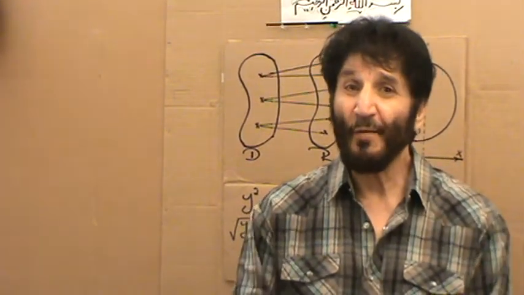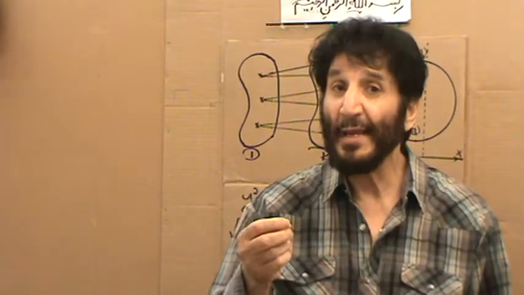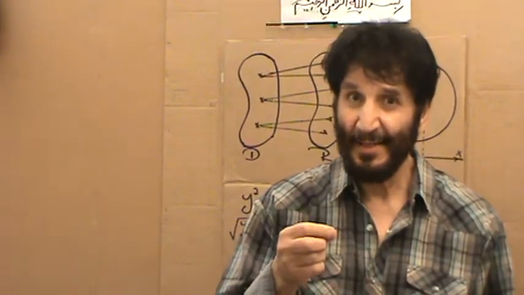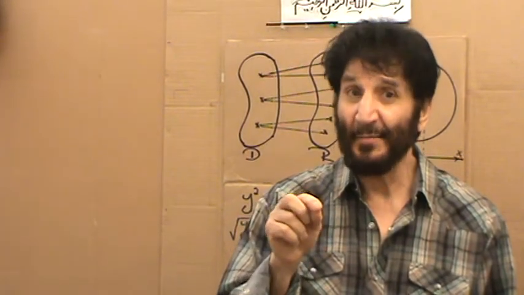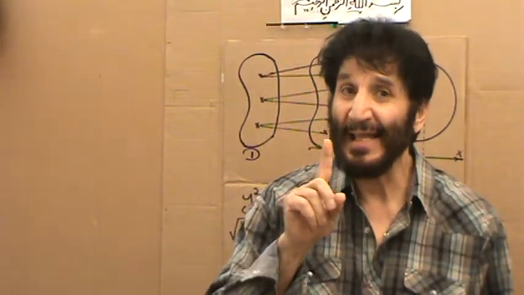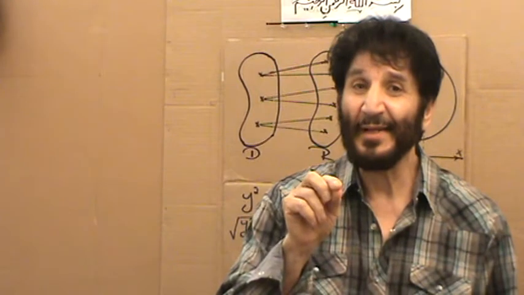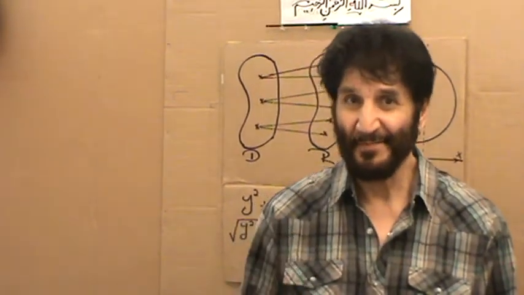A function is a rule of correspondence between two non-empty sets, domain and range, such that each element in the domain set is paired with at least one element in the second set, range.